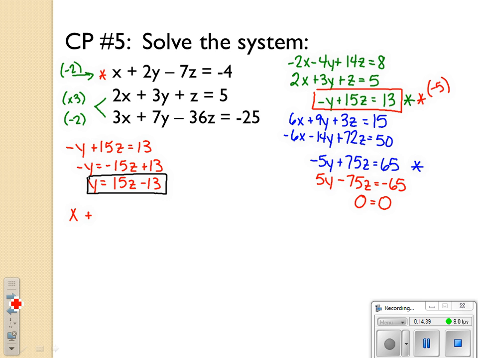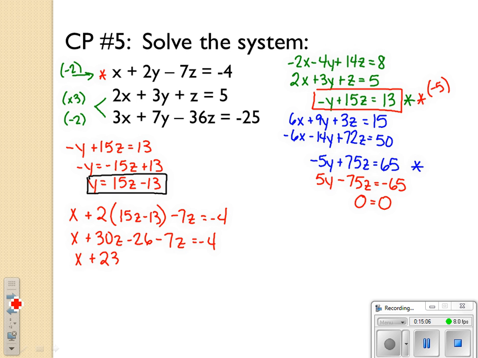x plus 2 times my y expression that has z in it. Now I don't have a y. And I need to simplify. 30z minus 26. My two z terms can go together. 30 and negative 7 make a positive 23z.